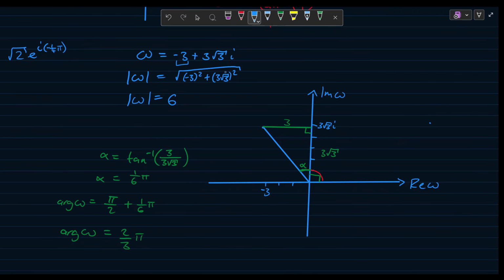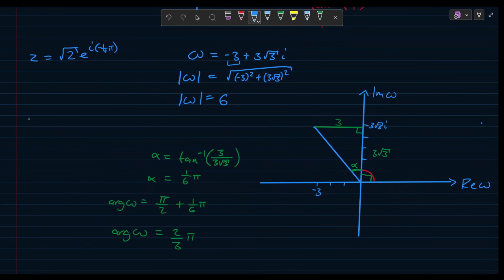And so this means that omega in Euler form is equal to r, which is 6, e^(iθ), where theta is 2 over 3 pi. And so these would be the Euler form versions of z and omega.